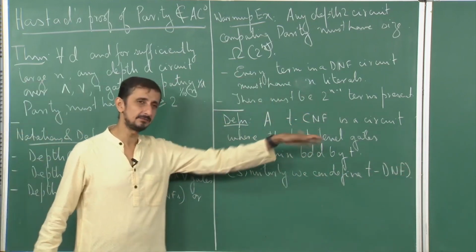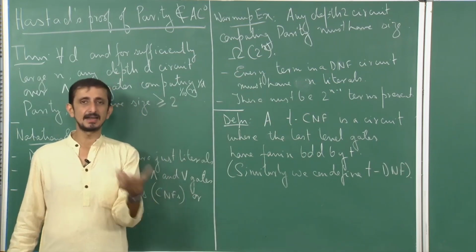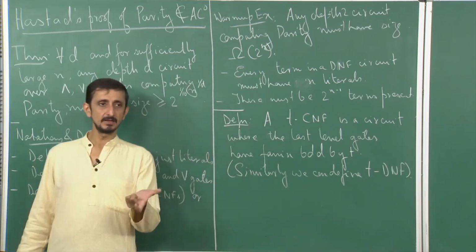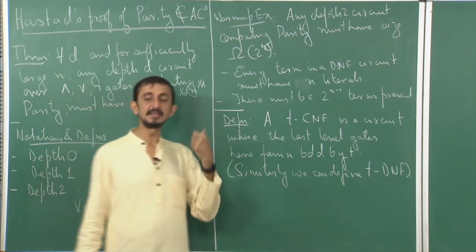If I have a T-CNF, it means that every clause has at most T literals, and if I have a T-DNF, it means that every term has at most T literals.